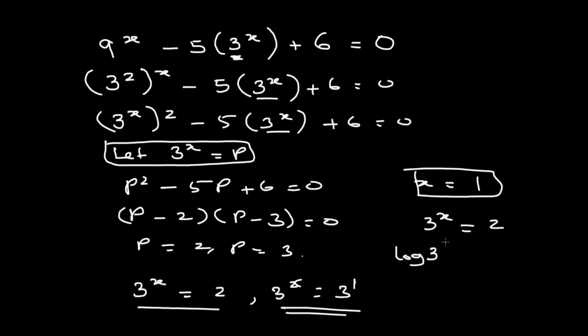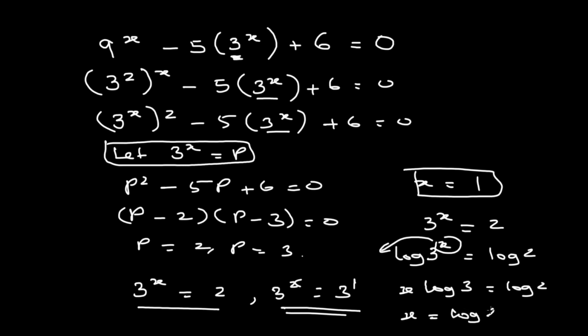This will become log 3^x is equal to log 2. Now remember, here I'm looking for this law that brings this one down, if you remember. So x is going to be log 3, which is equal to log 2. So now the other value of x will be log 2 over log 3.